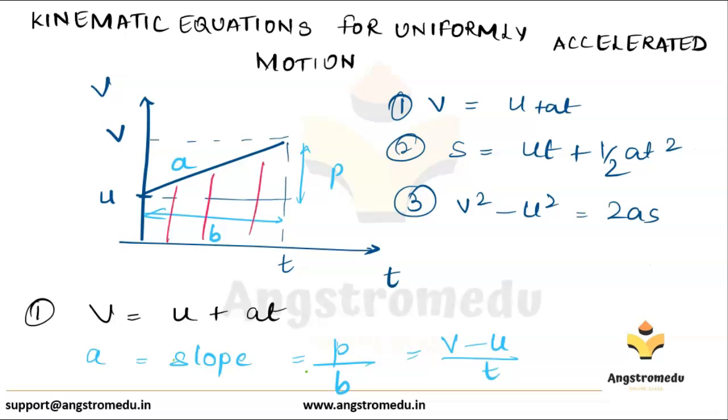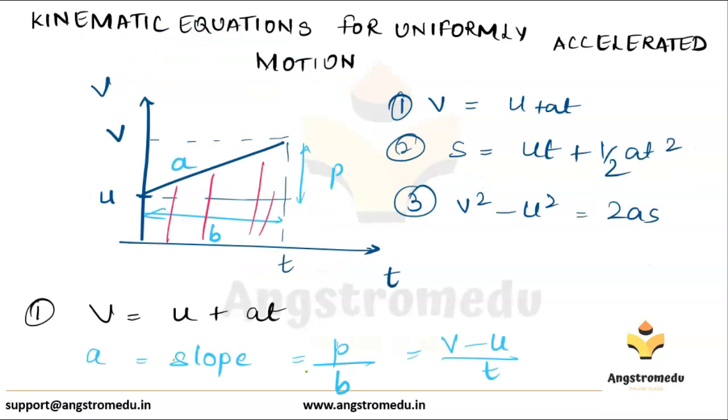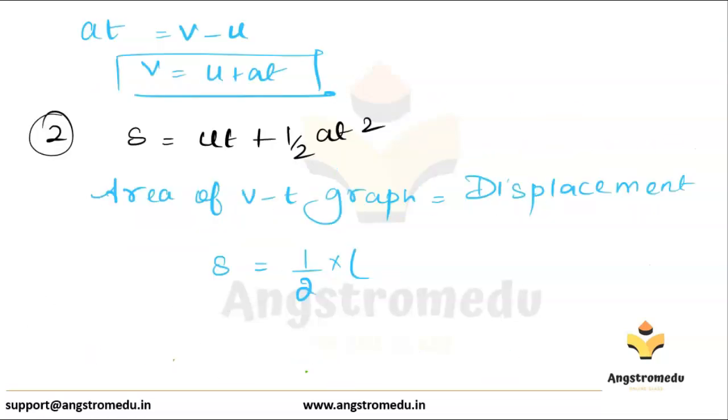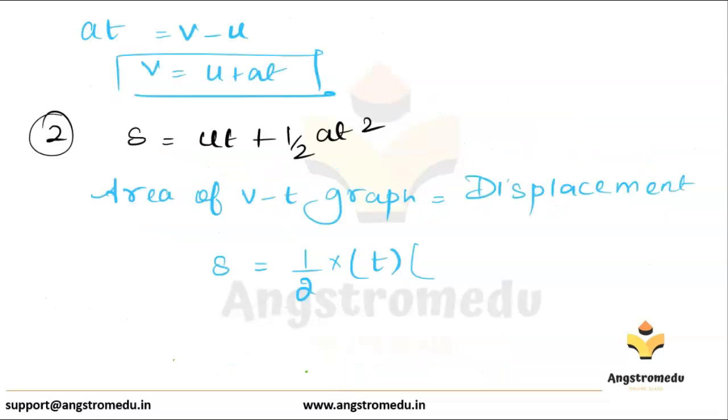The area of this trapezium will be half into the distance between the two parallel sides, which is t, into the sum of the parallel sides, which are u and v. So it will be u plus v.